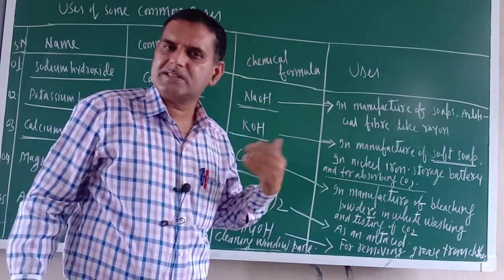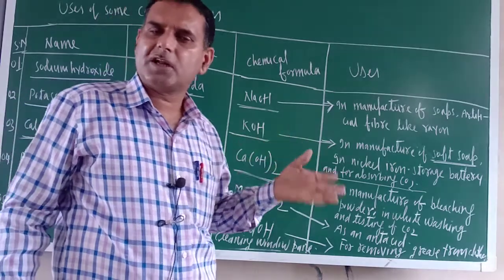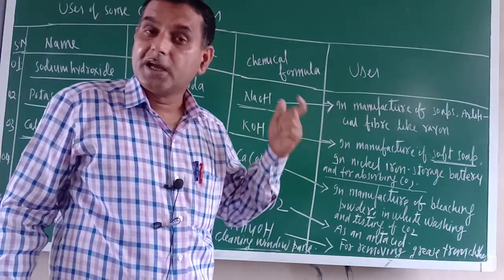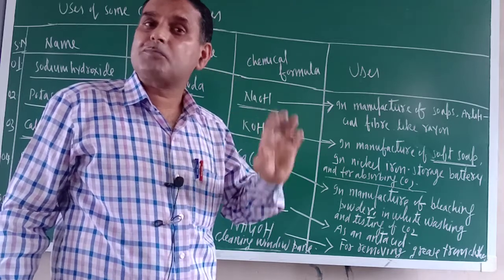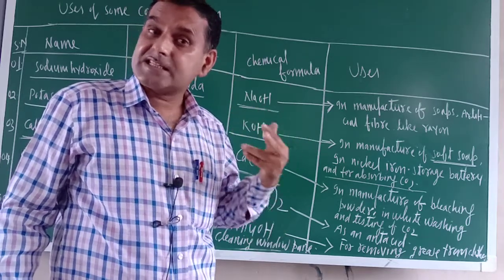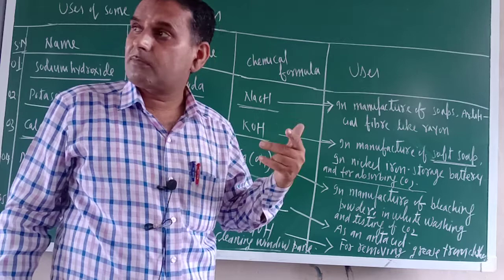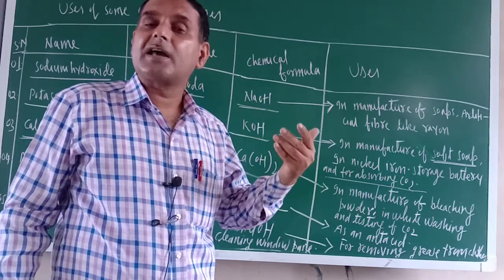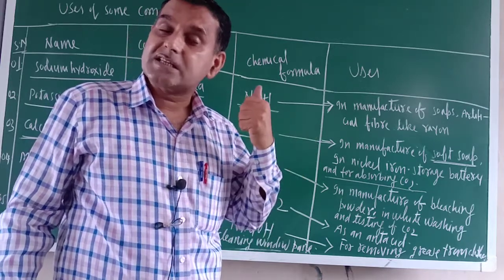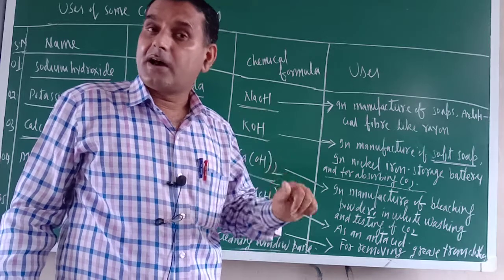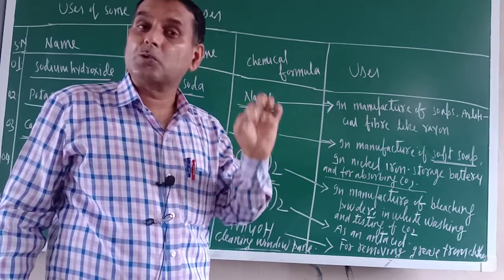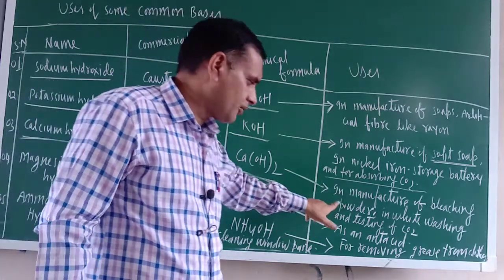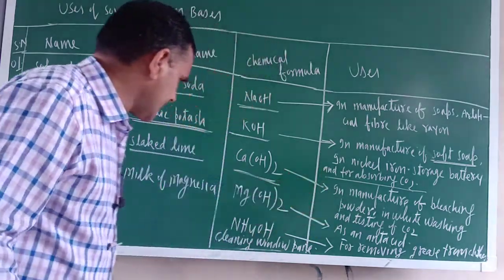I told you when CO2 gas is supplied to lime water, it turns milky due to the formation of calcium carbonate, and the milkiness disappears when excess carbon dioxide is supplied, because calcium bicarbonate is formed, which is soluble. The milkiness appears due to the insoluble nature of calcium carbonate. I have explained this earlier.